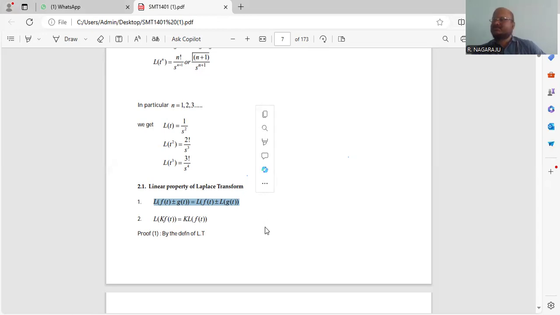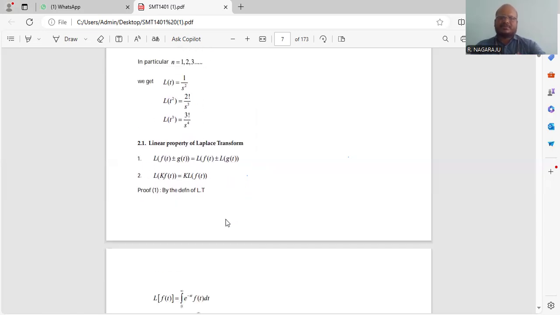It means the Laplace transformation of two functions, addition or subtraction, we can divide into two different parts: one is the Laplace transform of f of t, and one is the Laplace transform of g of t. Here also they are showing the same thing. And the next one is constant multiplication. L of k into f of t is nothing but k into L of f of t. So these are the linear properties.